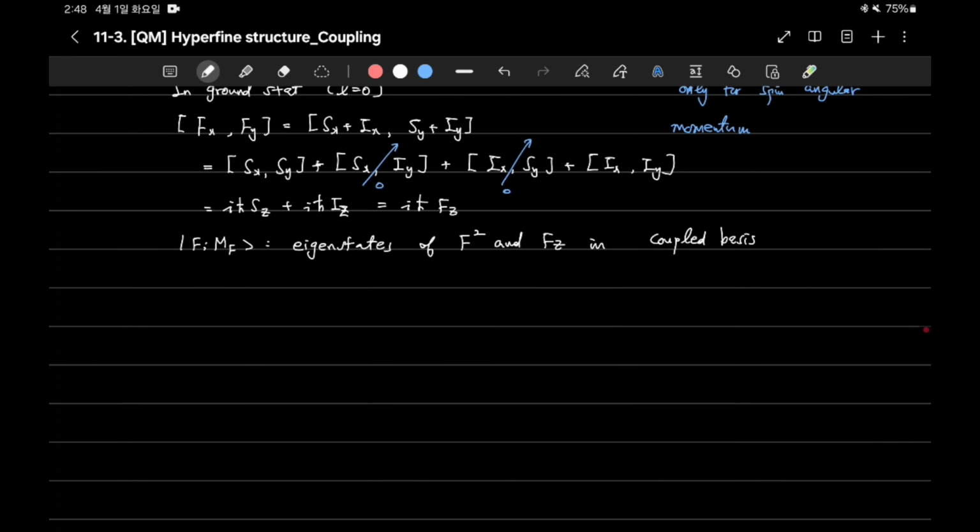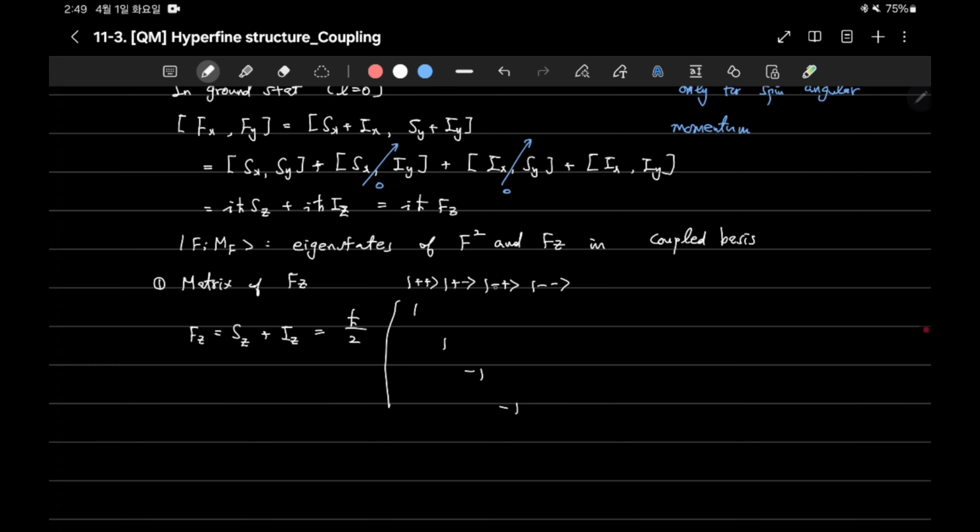Then let's think about the matrix of Fz. Because Fz is the summation Sz plus Iz, it is 1/2 h bar times the spin matrix, which is 1, minus 1, minus 1, as we already discussed, in the basis plus plus, plus minus, minus plus, and minus minus.